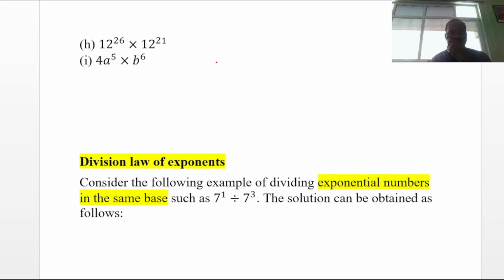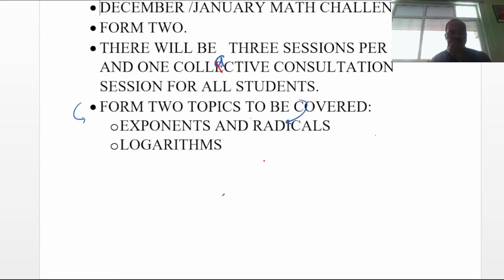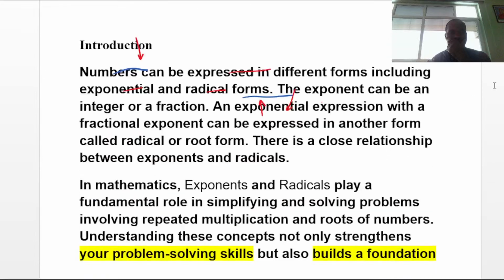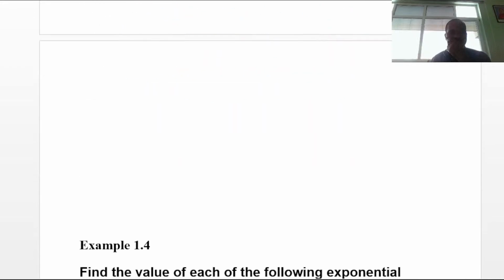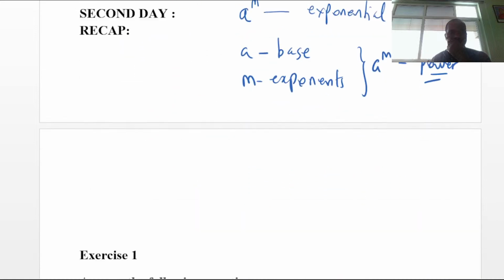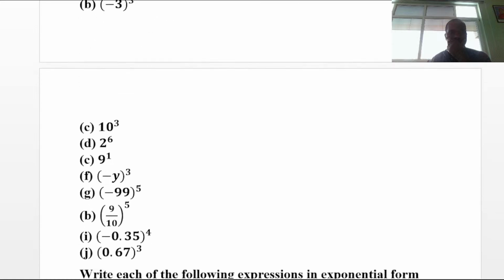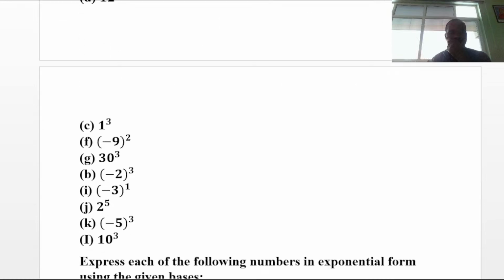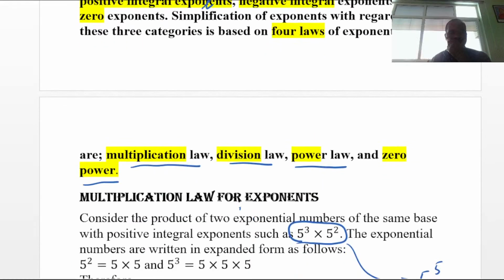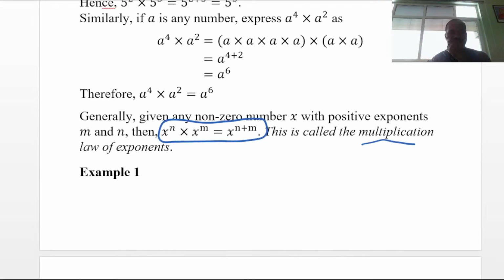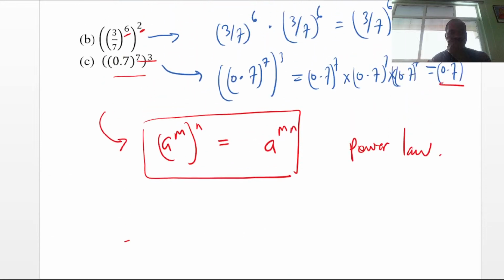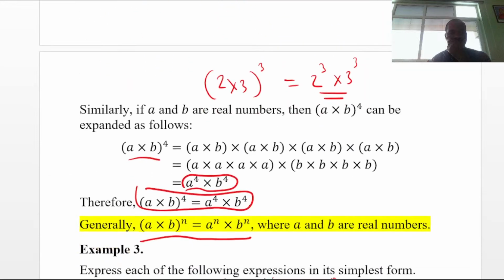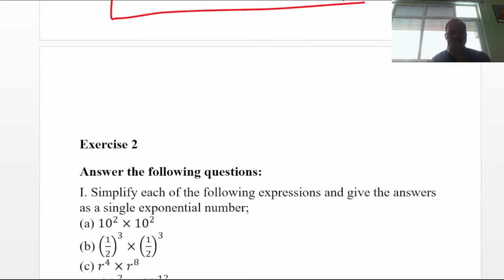Just to summarize it, consider when you are given exponents with the same base. So when you have exponents with the same base, we just add the exponents, and that is actually multiplication.